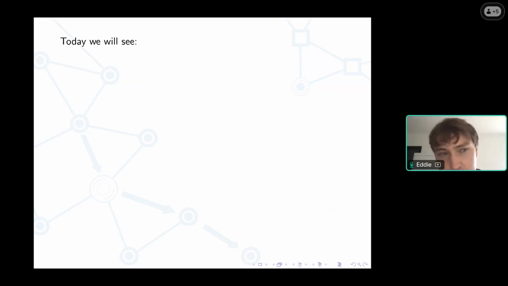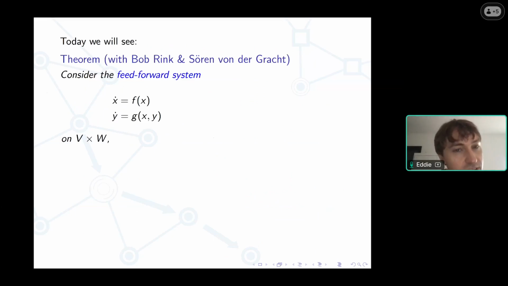And just to drive home that you can really prove theorems like this with these techniques, today we will see the following theorem. So this is with Popperink and Søren van der Gracht. Say that we just have a very simple network system. Say just x dot is f of x, y dot g of x and y. So really, the only network feature here is that node 1 only depends on itself, but it feeds that information into node 2.